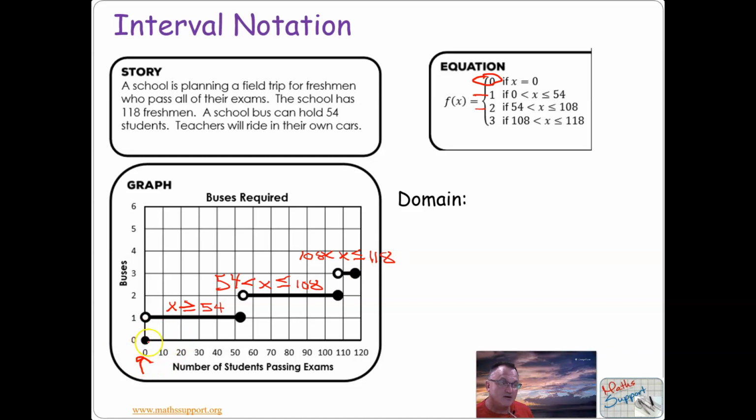So if you started down here at the left, okay, I should write it like this. And this first one, guys, should have been x is greater than 0, but less than or equal to 54. And here, this is just x equals 0. All right? So every single number from 0 all the way up to 118 is included in this graph. So that's going to be our domain.